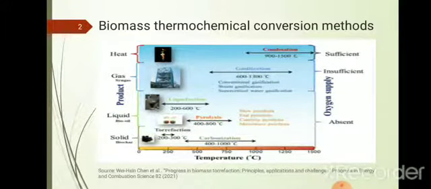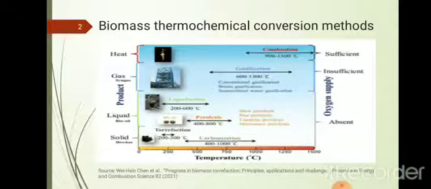Then we have gasification, which is carried out at less than the stoichiometric ratio, and the product is mainly syngas, and the temperature is a little lower than combustion, around 600 to 1300 degrees.